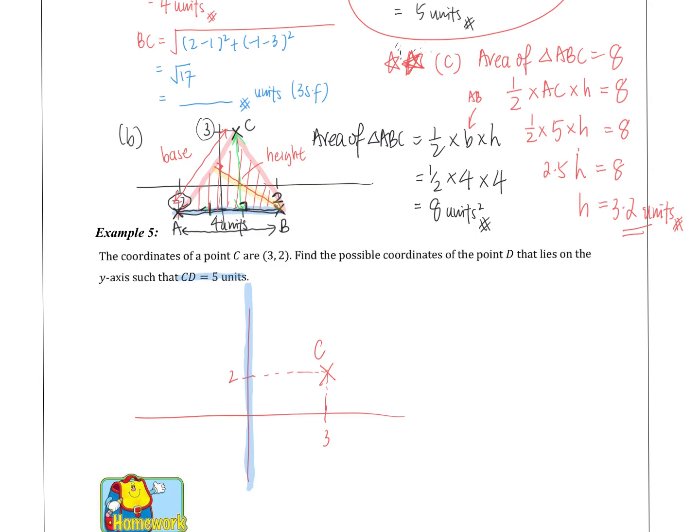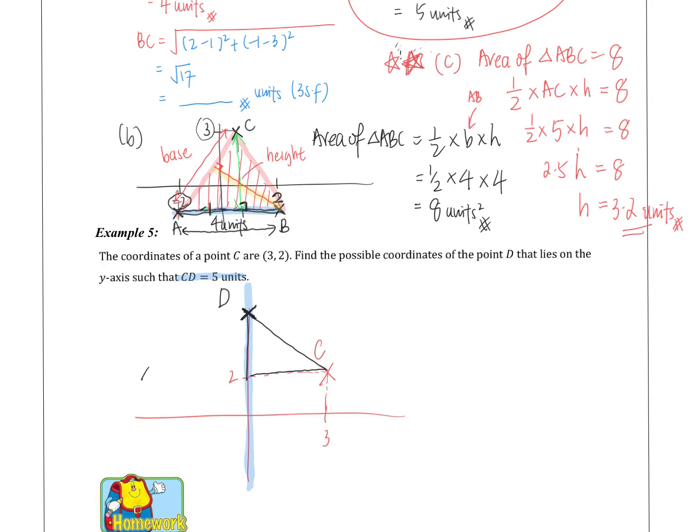Yes. So first thing first, let's say D is somewhere here. Then we will need to use Pythagoras theorem. But what if D is somewhere here? It must be on the y-axis, so cannot. Okay, so let's say here. So this is D, right?